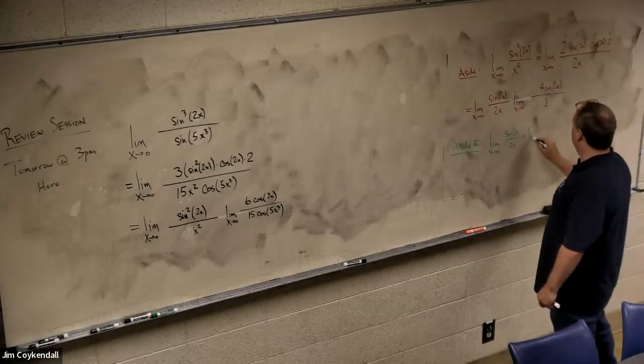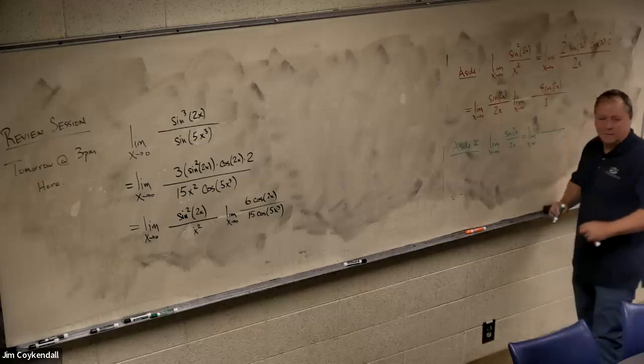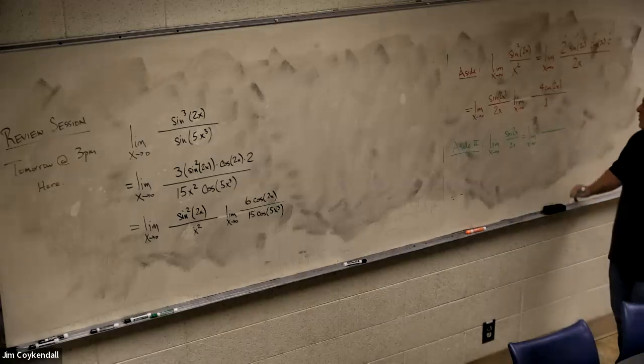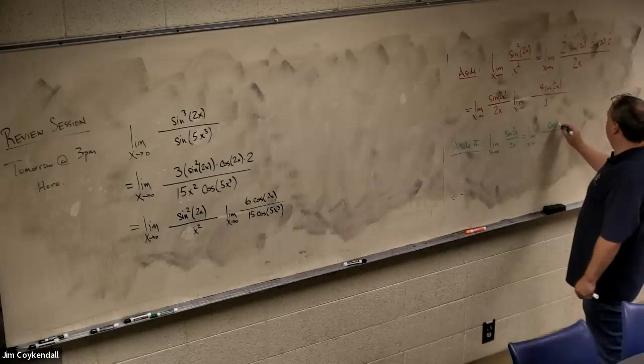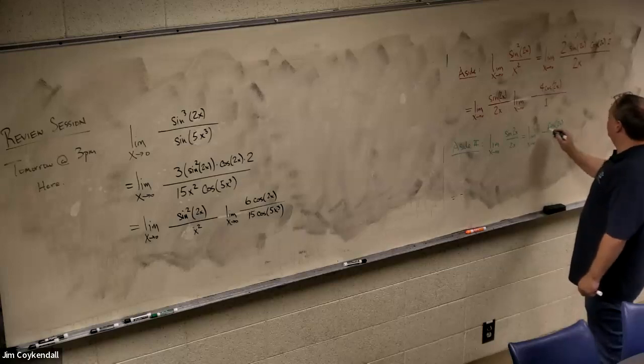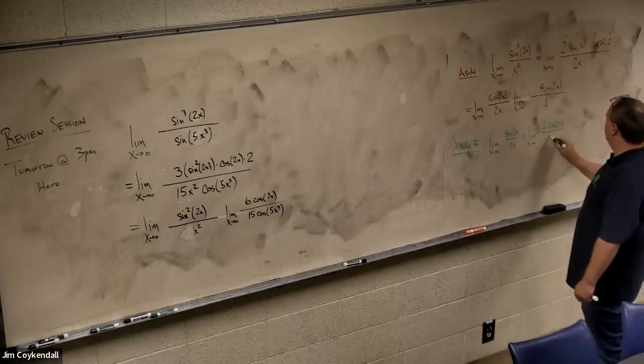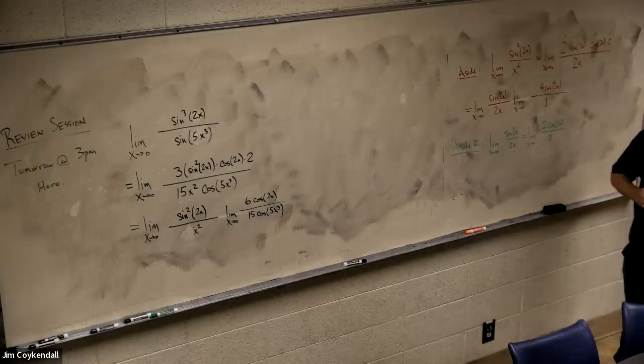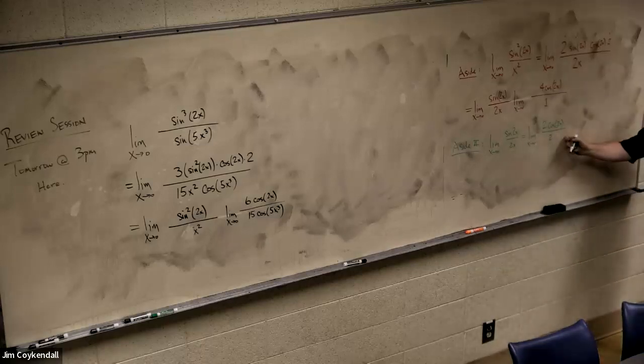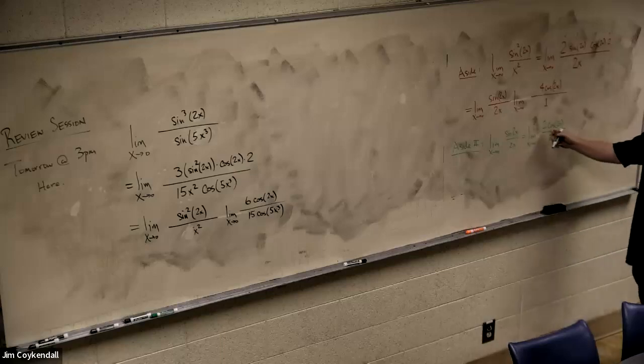Derivative of sine 2x is what? Cosine of 2x times the derivative of what's inside, which is 2. Derivative of 2x on the bottom is 2. What's this limit? It's 1 over 2.